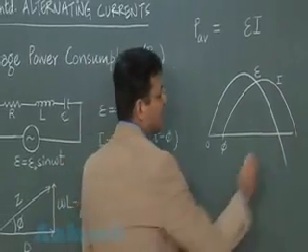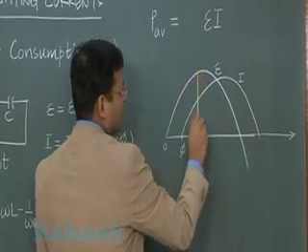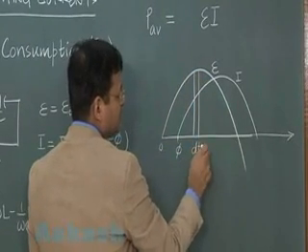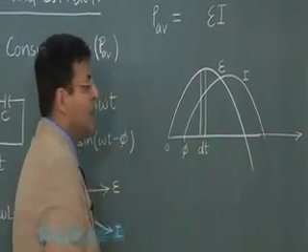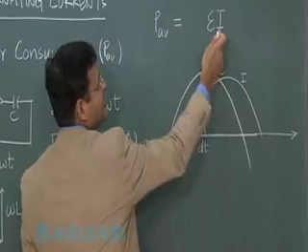Now consider a very small time interval dt. Then you can see in a very small time interval dt, which I have indicated here, the current value is I and this instantaneous current has been denoted here.